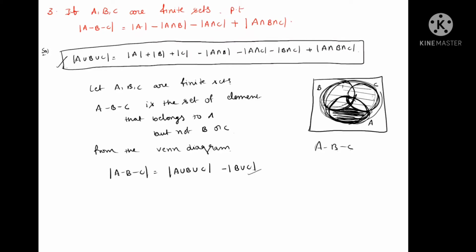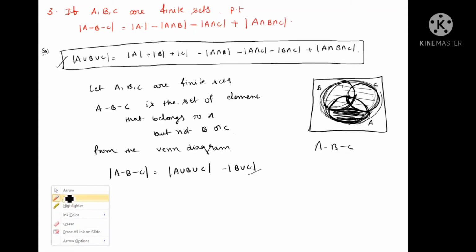Mod A plus mod B plus mod C minus mod A intersection B minus mod A intersection C minus mod B intersection C plus mod A intersection B intersection C. What is mod B union C? Inclusion and exclusion of 2 sets: mod B plus mod C minus mod B intersection C.